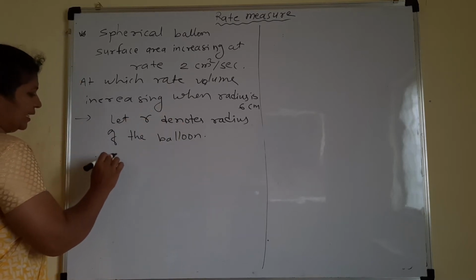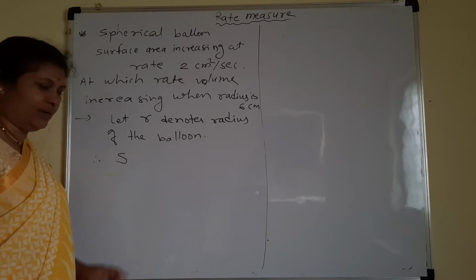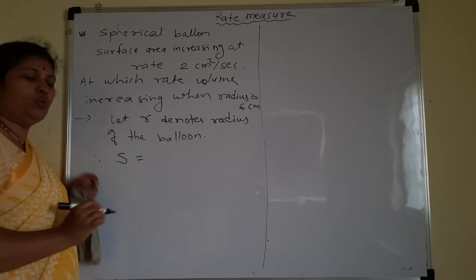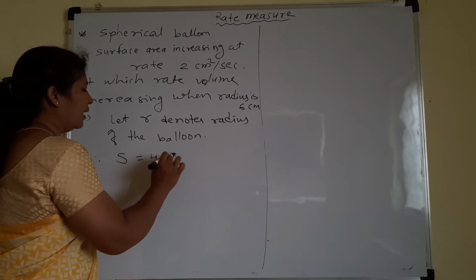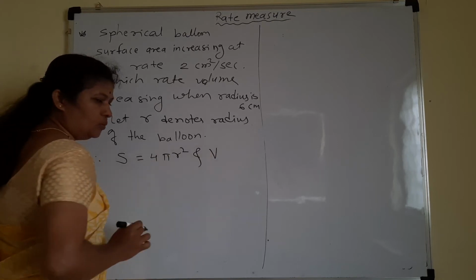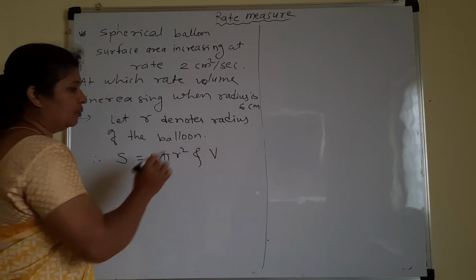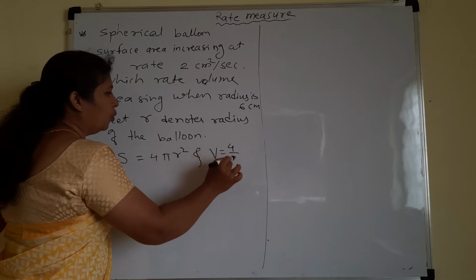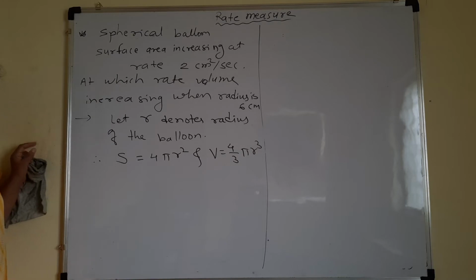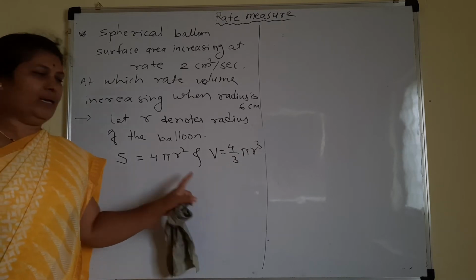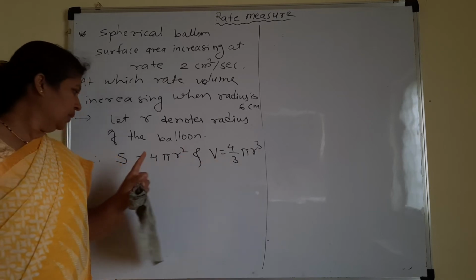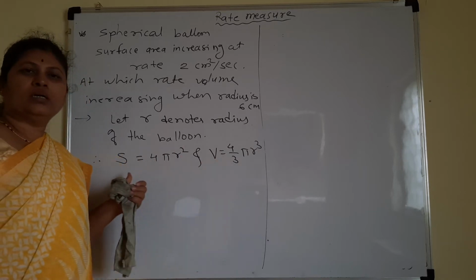Therefore, surface area, I will denote it by S. S is equal to 4 pi r square. And V is the volume of the balloon. V is equal to 4 by 3 pi r cube. Formulae correct? S is equal to this one and V is equal to this one. 4 by 3 pi r cube is the volume and 4 pi r square is the surface area.